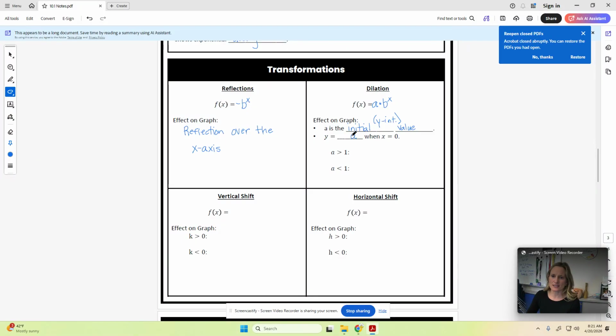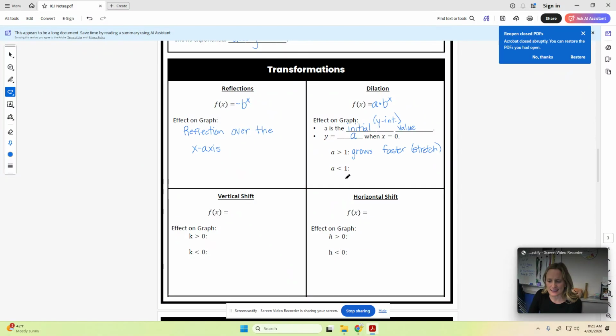As far as the rest of the graph, when a is greater than 1, just like with the parabola, it's going to grow faster and it's going to stretch that graph. It's going to kind of pull it taller. You're going to see a more rapid growth.